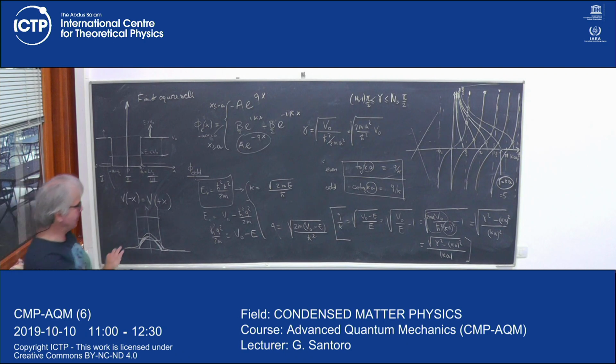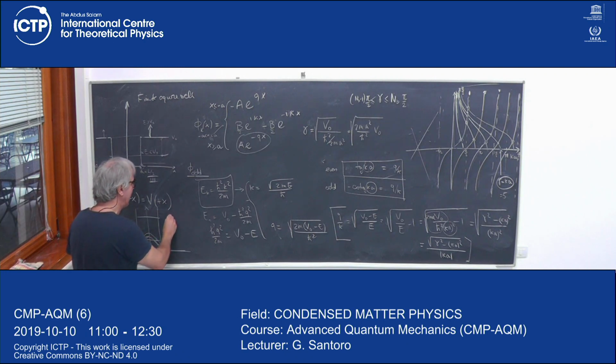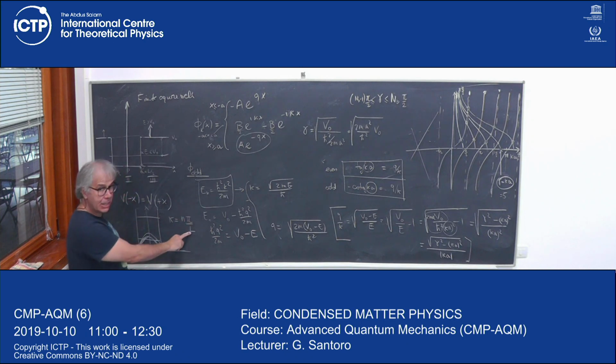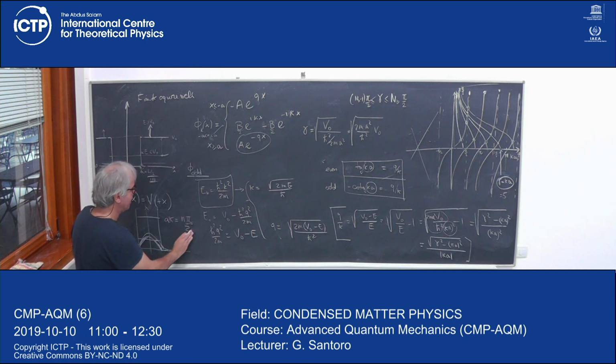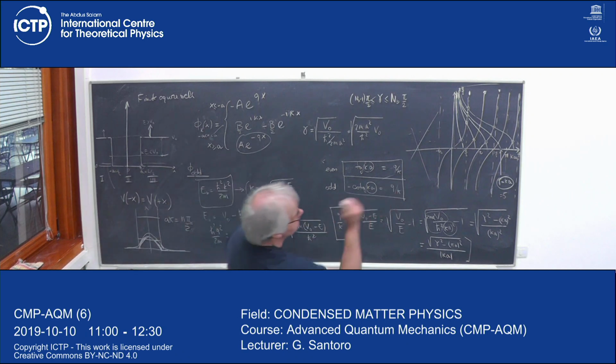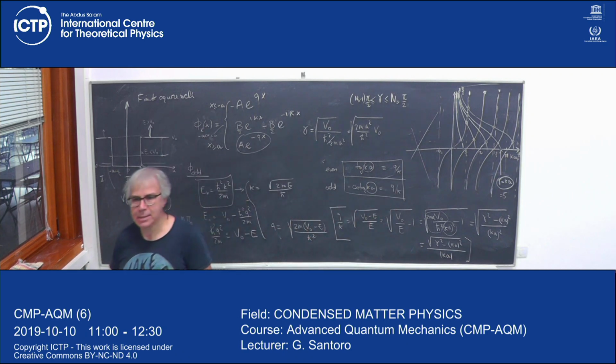Remember that in that case, I had that k was n times pi over L, where L is equal to 2a. So k times a is equal to a multiple of pi over 2, which is exactly what you have there. Okay? So obviously in the limit in which V0 goes to infinity, you recover the solution you had before. Clear so far?